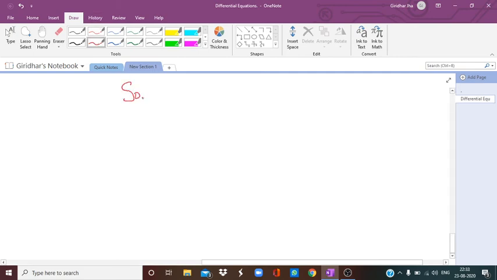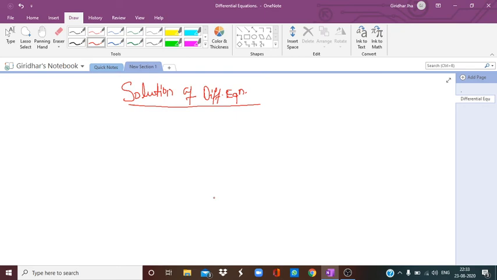This is our third segment, solution of differential equation. ठीक है, अब हमें डिफरेंशियल इक्वेशन के सॉल्यूशन सीखने हैं, कैसे सॉल्यूशन निकाली जाती है. ऑल्सो इट इज इक्वेशन, डिफरेंशियल इक्वेशन है, इक्वेशन है ना, तो बाय डिफॉल्ट इट हैज सम सॉल्यूशंस. तो हमें डिफरेंशियल इक्वेशन का सॉल्यूशन निकालना सीखना है.